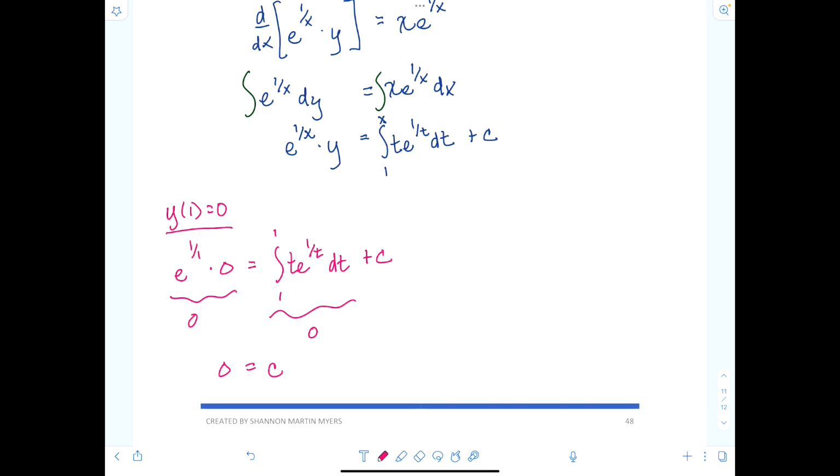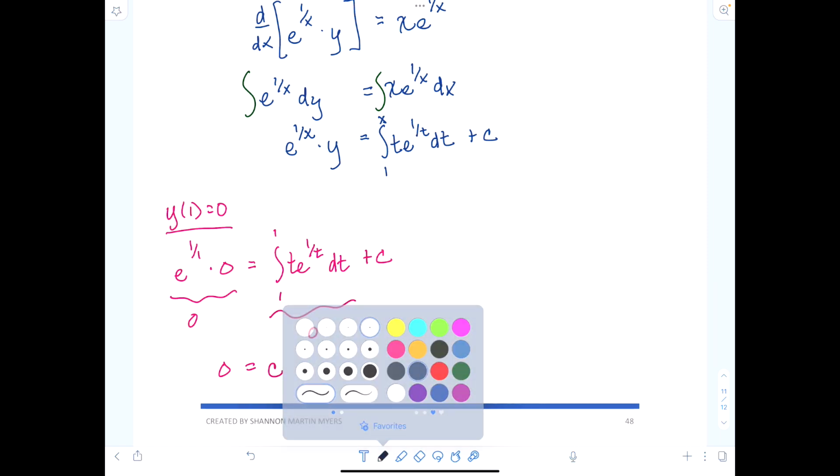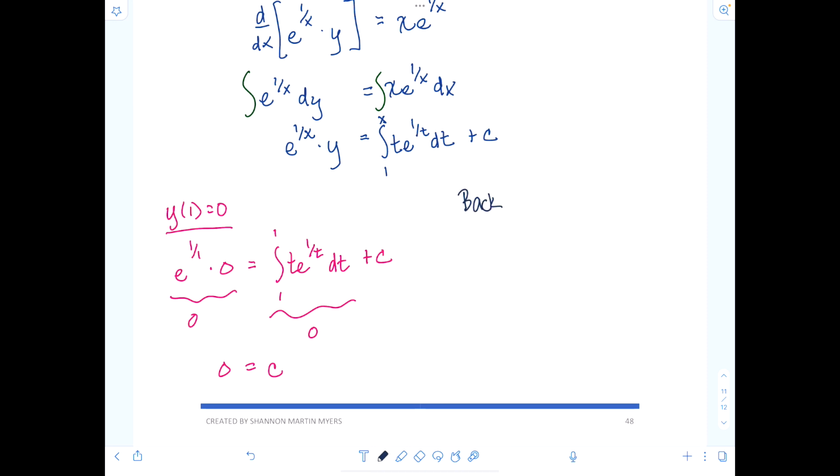So, back substituting, we'll have e to the 1 over x times y equals the integral from 1 to x of t e to the 1 over t dt plus c. Multiplying through by e to the negative 1 over x, oh, sorry, but our c was 0, right?